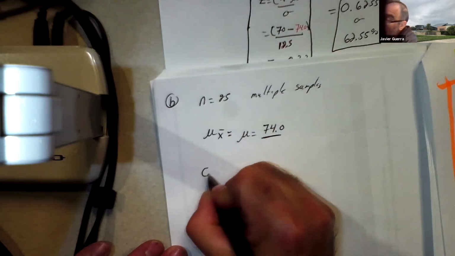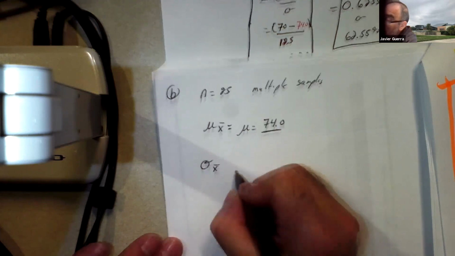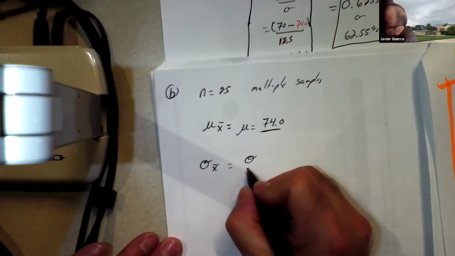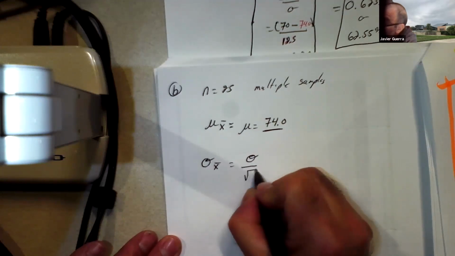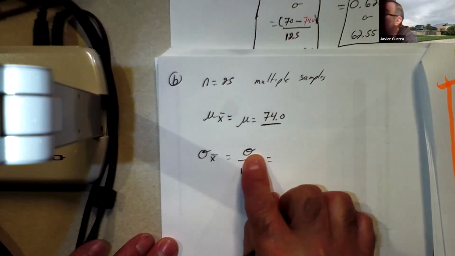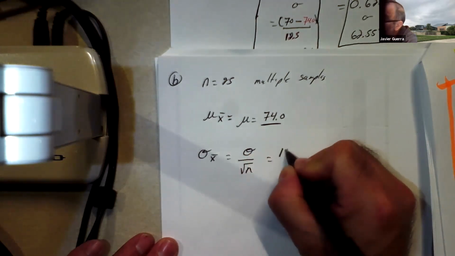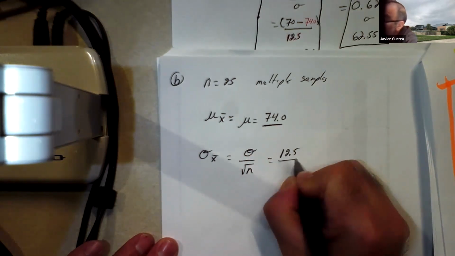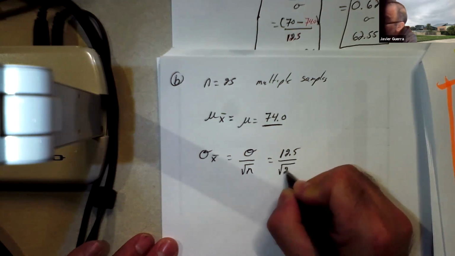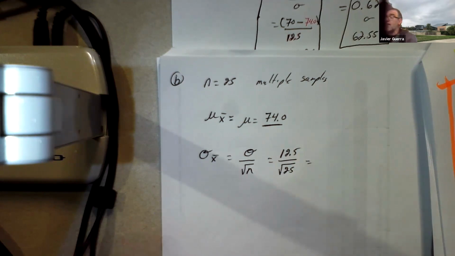And I gotta find my sigma x bar. That formula was sigma, the original, divided by the square root of n. My original sigma was 12.5, and I'm going to divide it by the square root of n, which is 25.